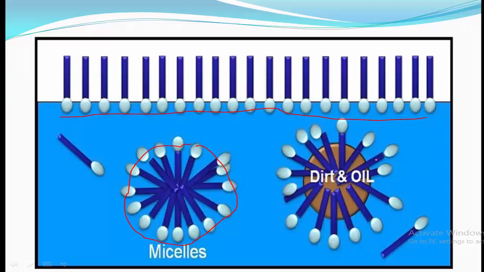So this is how the dirt or oil will be removed by using the soap, and that can be explained with the help of this micelle formation. So this is how soaps are used to clean the substances, or it acts as a cleansing agent.